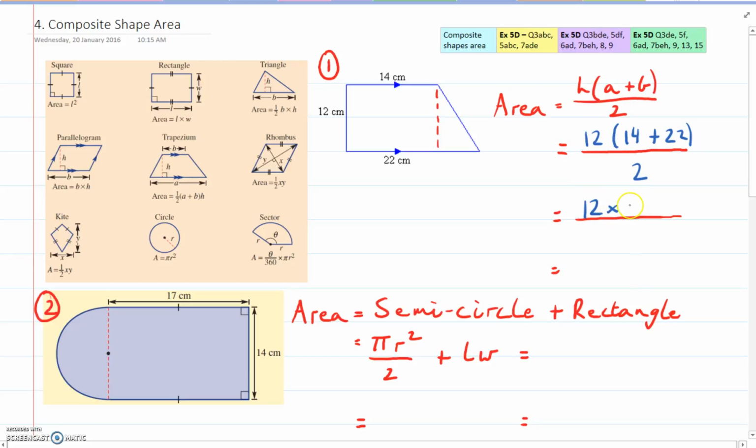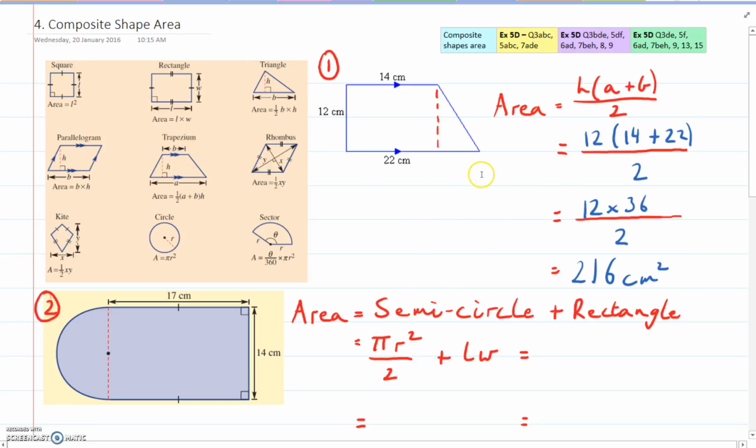So that becomes 12 times 36 over 2, which, I'm going to go to the calculator to check, is 216 centimeters squared.